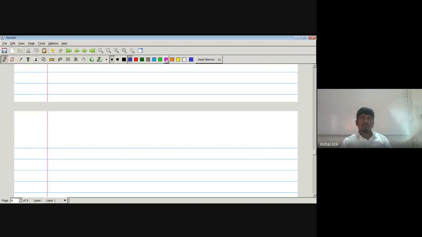Now there is one concept that we have to see: addition and multiplication of two generating functions.